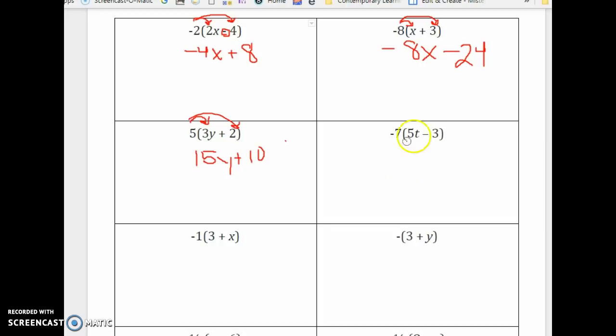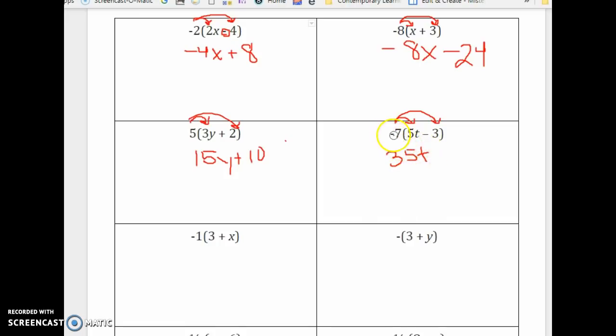Okay, I'm going to do this next one with you, and then I'm going to let you try some on your own. -7 is distributed to the first term, and it's distributed to the second term. So -7 times 5t. Well, 7 times 5 is 35. I have to include the t because nothing changes with that.